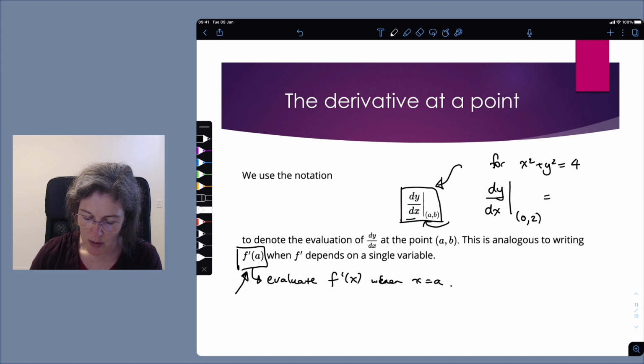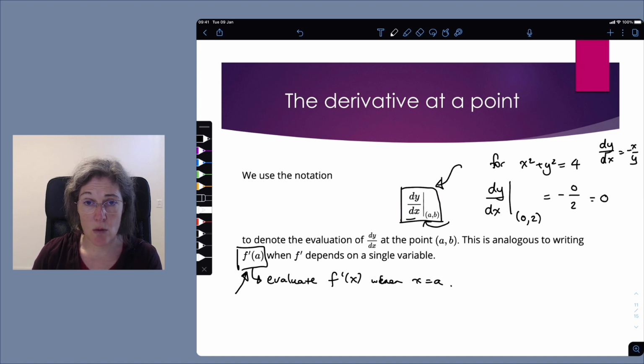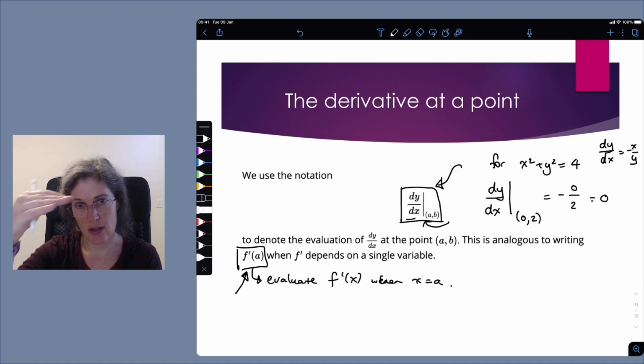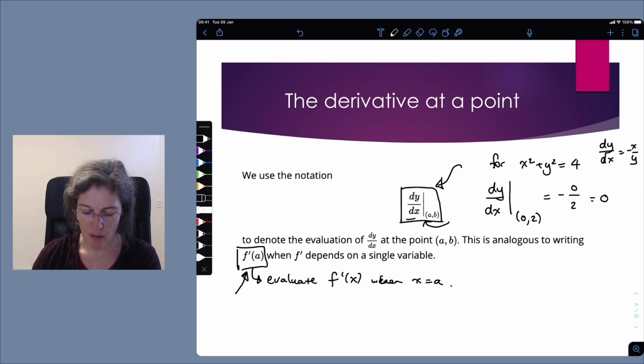Well, we substitute in x equals 0, y equals 2, into our derivative, which is minus x over y, and that's going to give us minus 0 over 2, which is going to give us 0, which is what we would expect, because that's right at the top of the circle where this tangent line is flat. Okay, so that's just finding out a little bit of notation there, so just be aware of that.